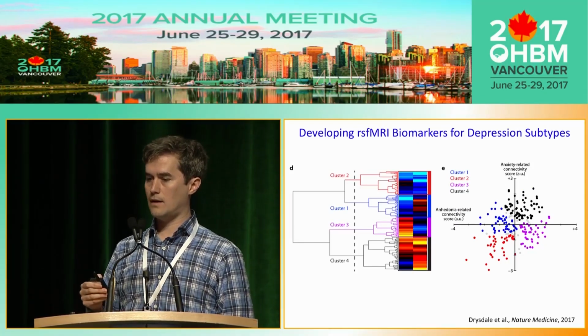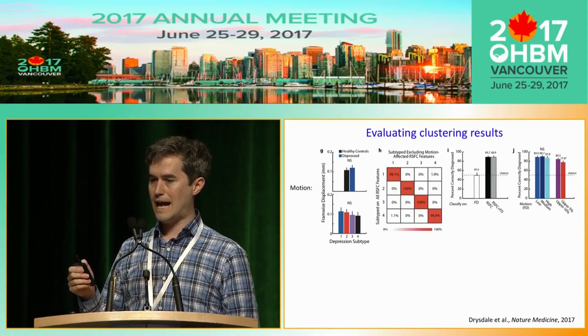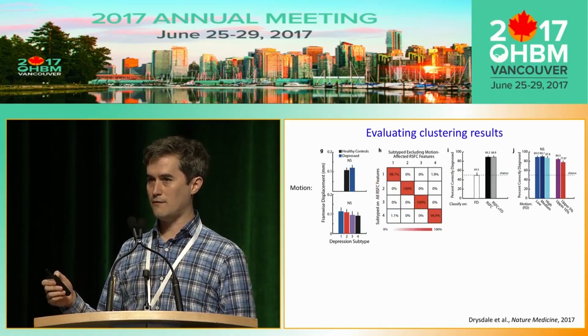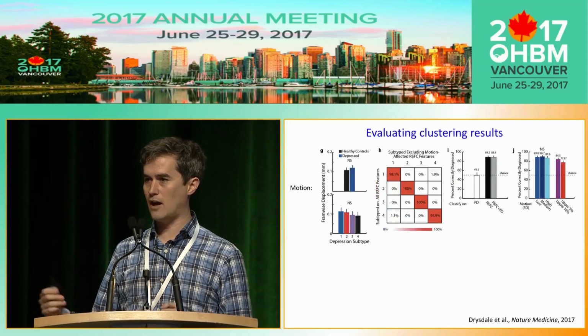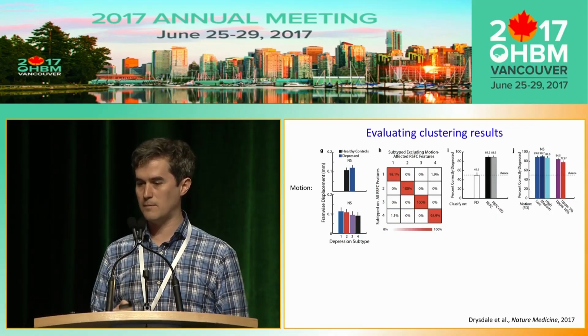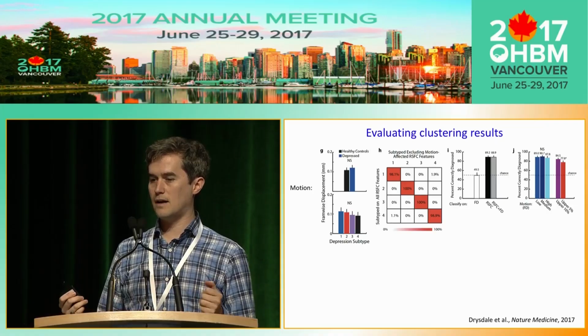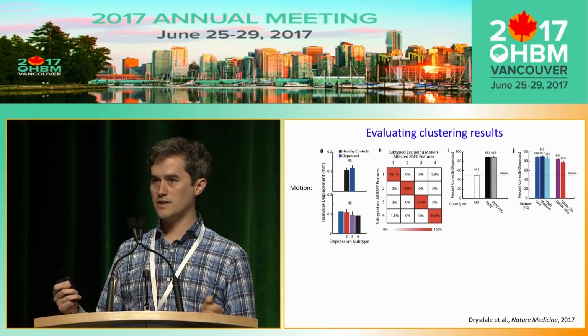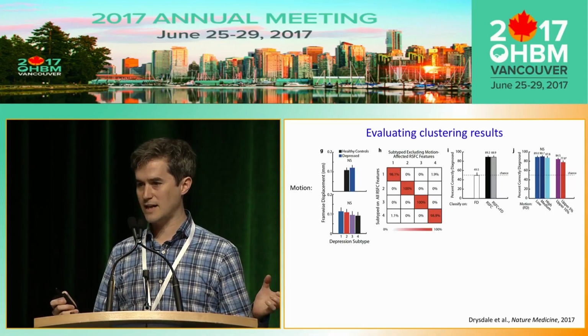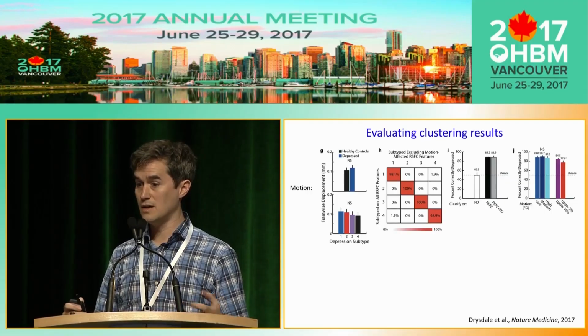This is another aspect that I don't talk about often in most talks, but I think it's valuable methodologically if people are interested in trying this in their own data. You want to make sure that you're not clustering on all those artifacts that I just described. So one of them is motion.